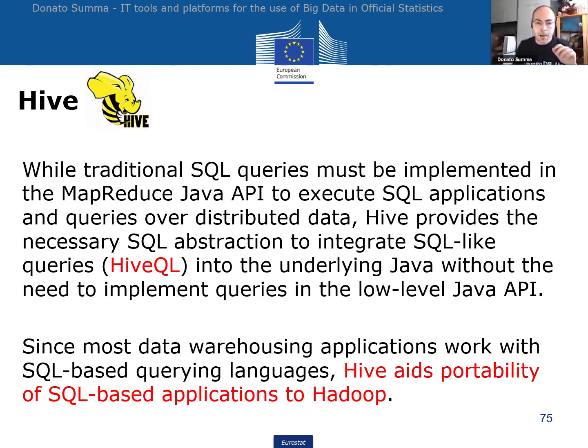Now, while traditional SQL queries must be implemented in the MapReduce Java API to execute SQL application inquiries over distributed data, Hive provides the necessary SQL abstraction to integrate SQL-like queries written in a particular language called HiveQL into the underlying Java without the need to implement queries in the lower level Java API.